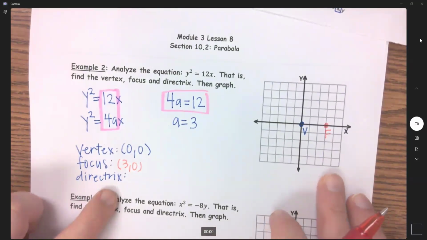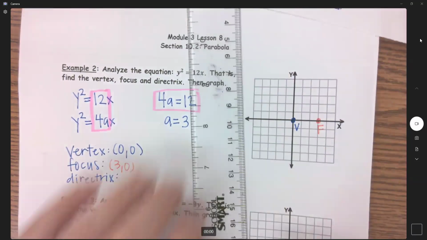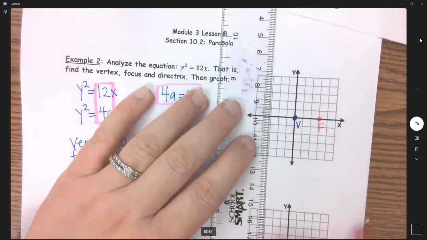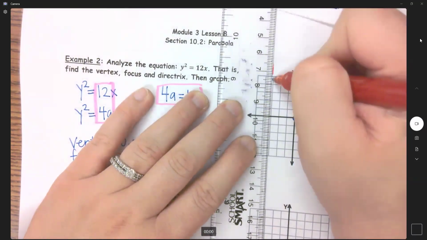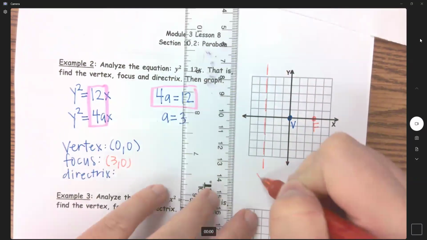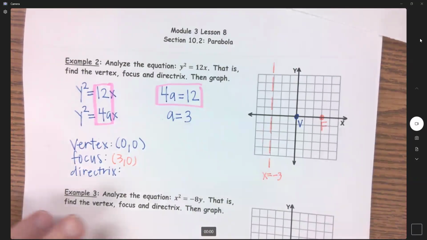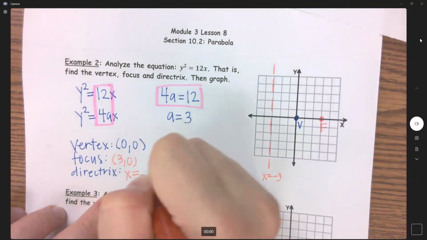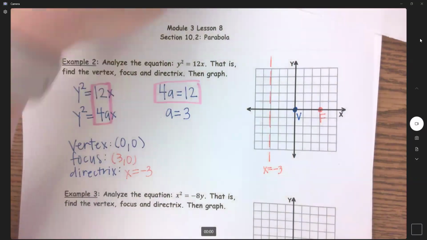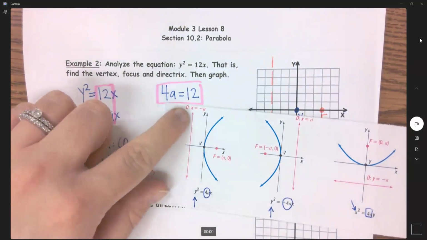Then my directrix, I'm going to go the opposite direction, 1, 2, 3. And here is my directrix line at x equals -3. So my directrix line is at x equals -3, which is what we have right here, x equals -a.